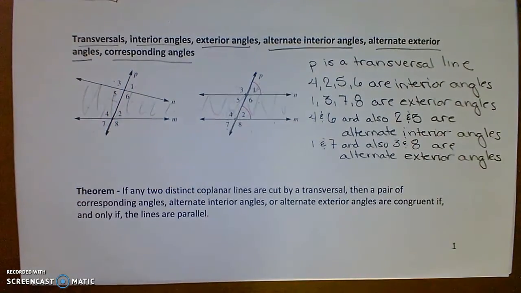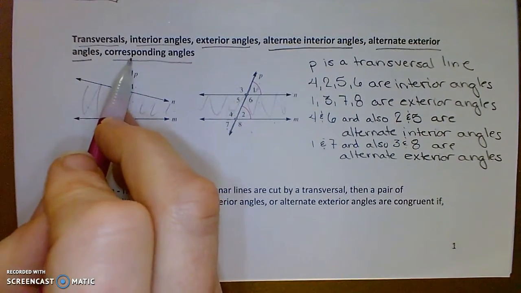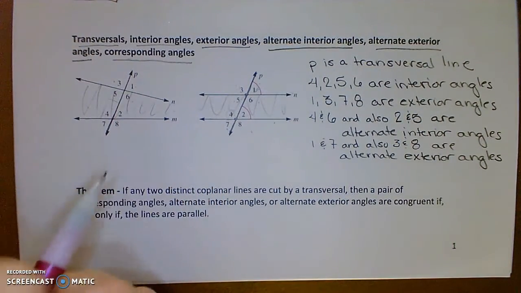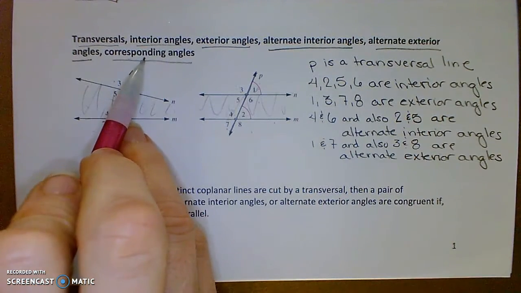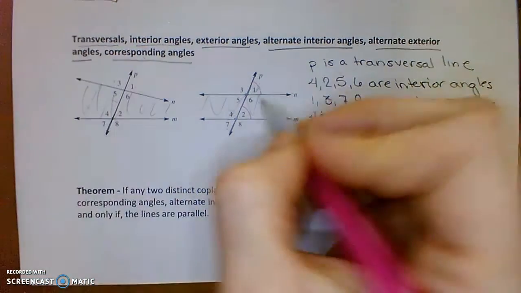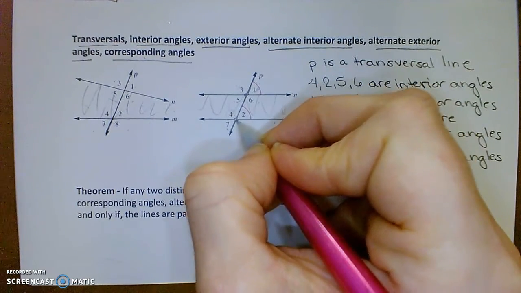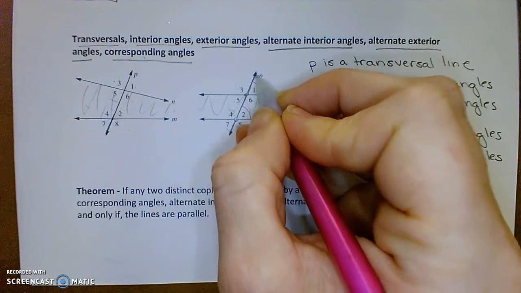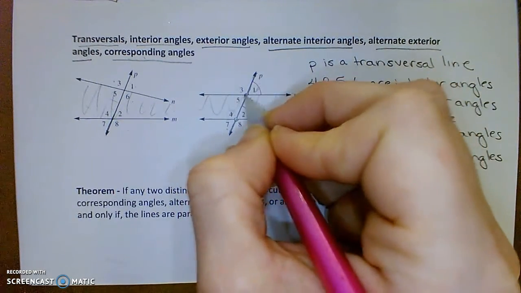All right, and then our last vocab word would be corresponding angles. Corresponding angles refers to a pair of angles that are in the same relative position in regards to where the transversal intersects the line.